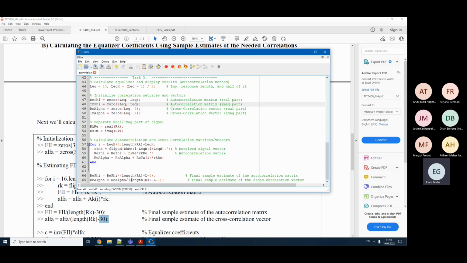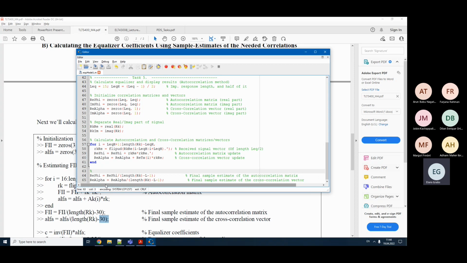Well, we'll get to this later, but for now we need to do the same thing for the imaginary part as well. So this is a cross correlation vector update. And this is not an update, this is just the vector of the received signal of length L divided by half.